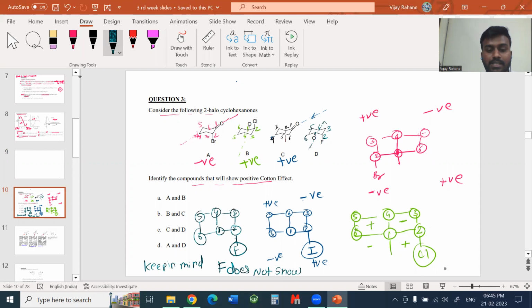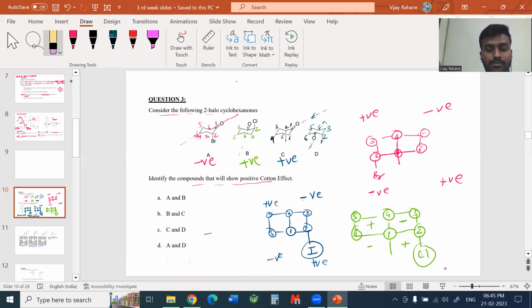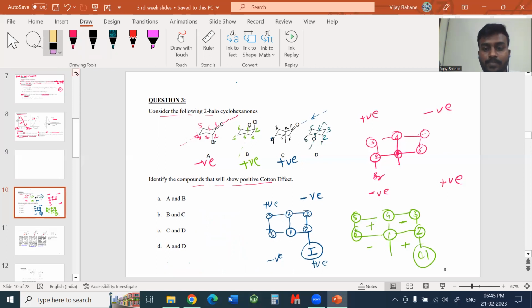Although if you plot it in this diagram, if any group like bromine or chlorine were there, then it would be positive. But since it's a fluorine, it doesn't show a Cotton effect, right? So this thing we need to keep in mind. So don't make any kind of mistake.